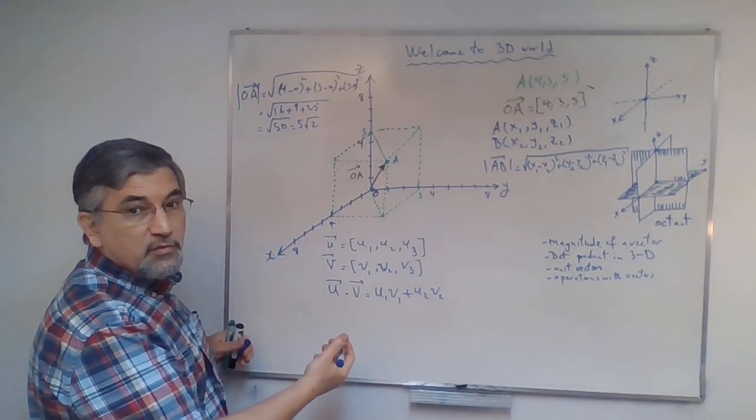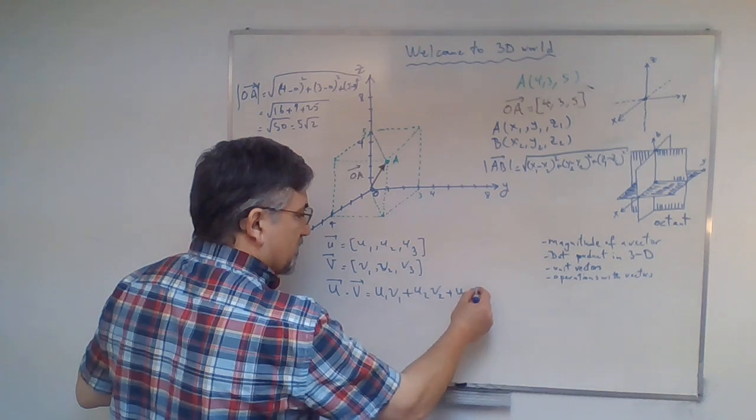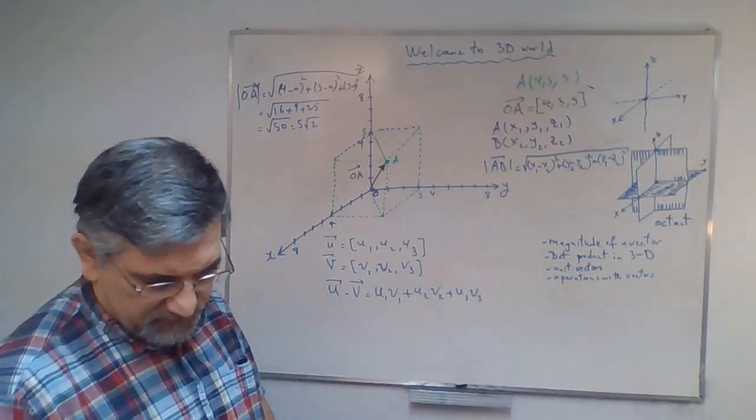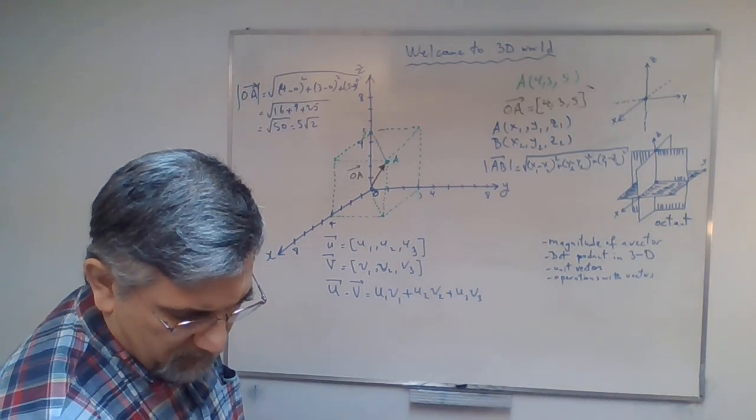This is the formula for the 2D we had before, and now plus U3 V3, of course. So that last part we added. That's the formula for dot product of two vectors in 3D.